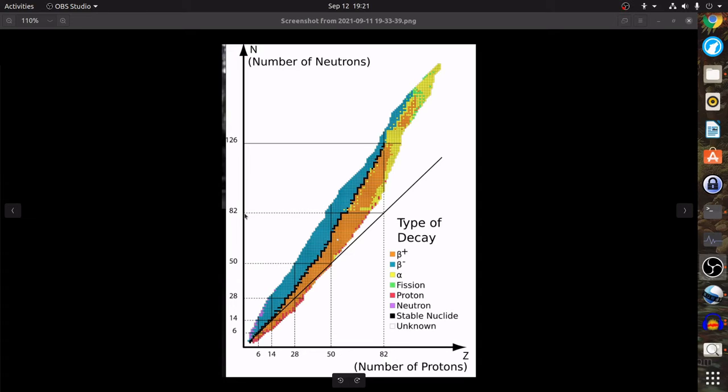This means that they have more neutrons, so there's more neutrons required to stabilize the nuclides as we get larger and larger, until we get to a point where there are no stable nuclides left and all of the remaining elements are radioactive to some degree. This is why I said that we're close to filling out the rest of the periodic table. We're only producing radioactive elements at this point.